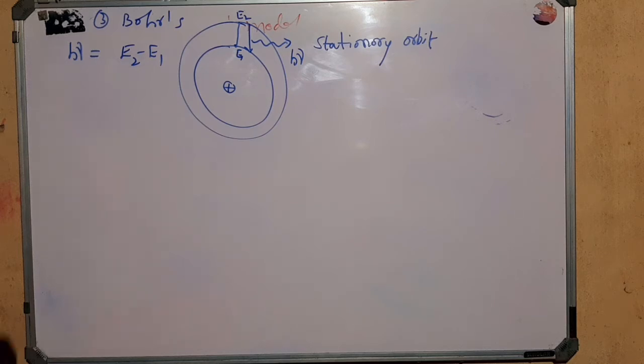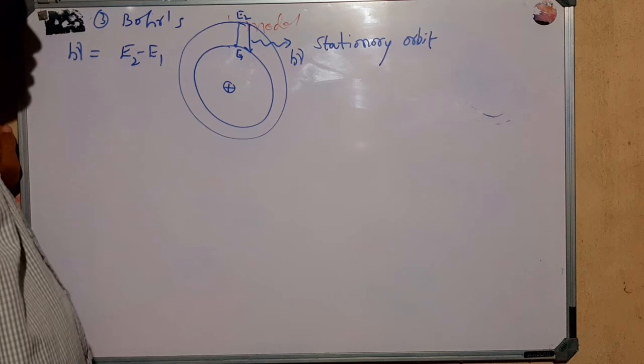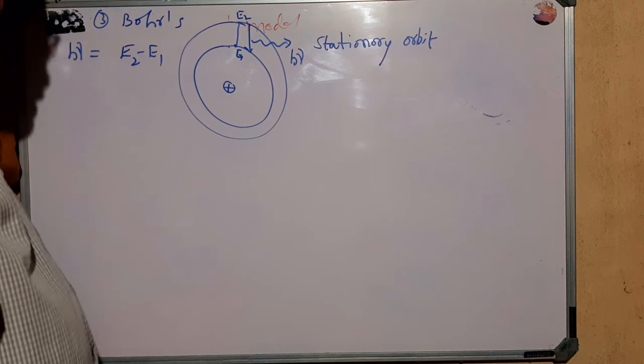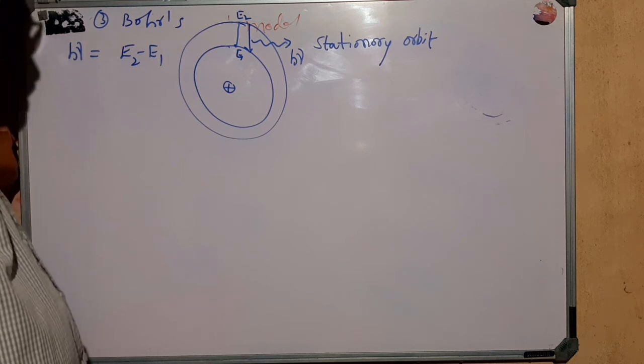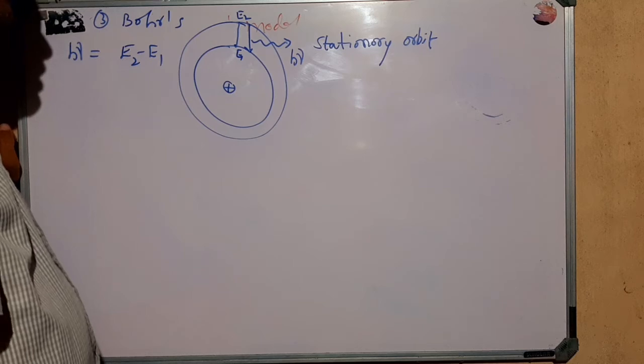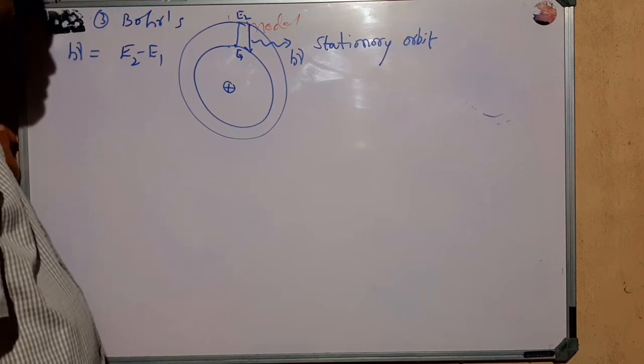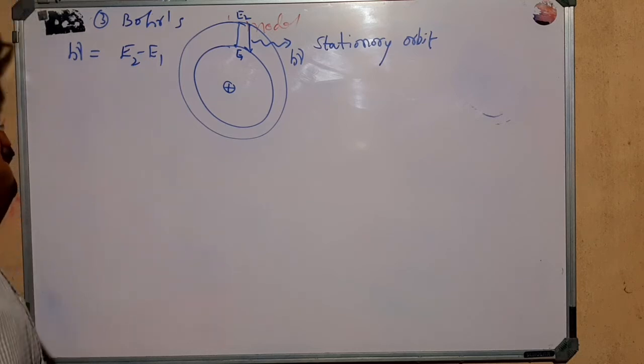So this Bohr's model is applicable only for hydrogen atom or hydrogen-like atoms. What is a hydrogen-like atom? Hydrogen-like atoms are those atoms in which the outermost orbit contains one electron.